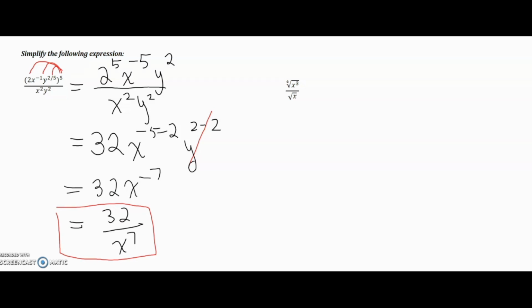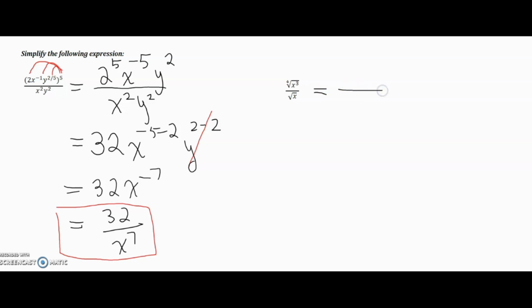Now for this next one, I have the fourth root of x cubed divided by just the square root of x. Now, if I had the same root, then I could actually do something. But because I don't, I think the best chance here is to write it as a rational exponent. So let's do that. Remember, the inside goes as the numerator, and the root on the outside is the denominator.